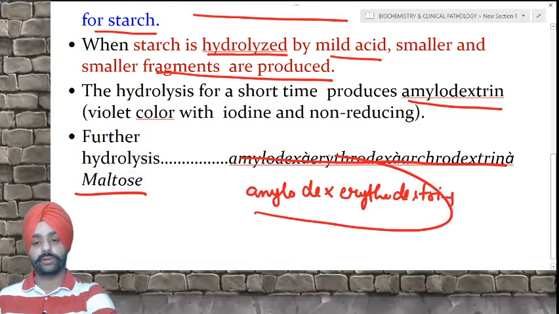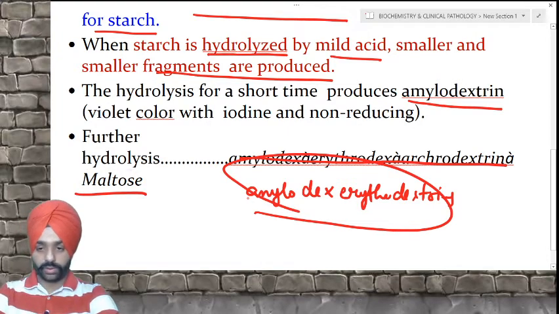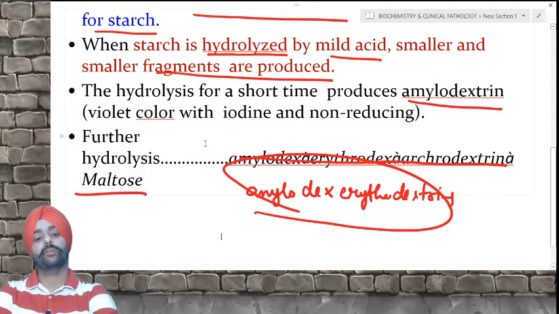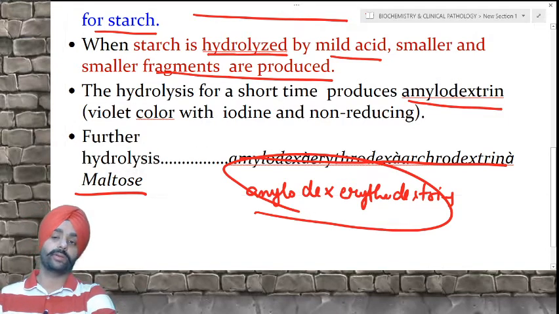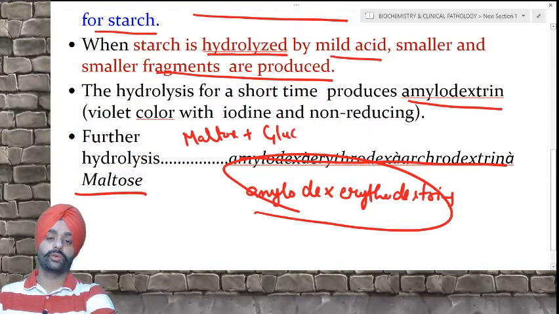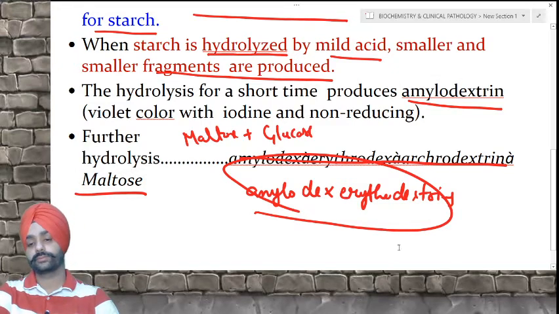So you must be familiar that upon hydrolysis starch usually forms amylodextrin, and amylodextrin further breaks up to form maltose and glucose. So is it clear for you?